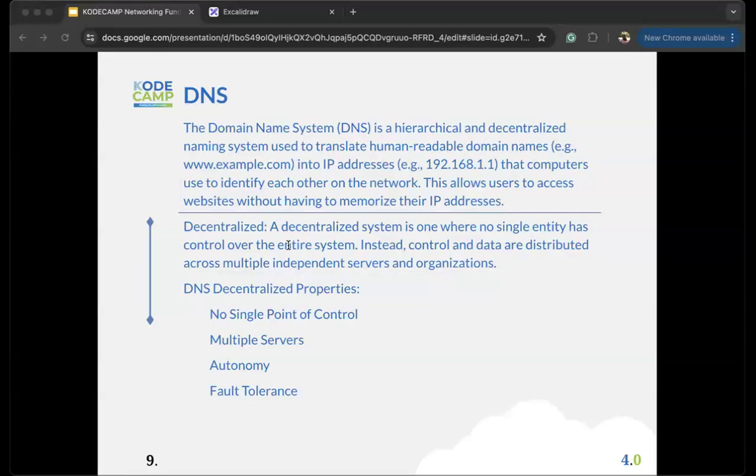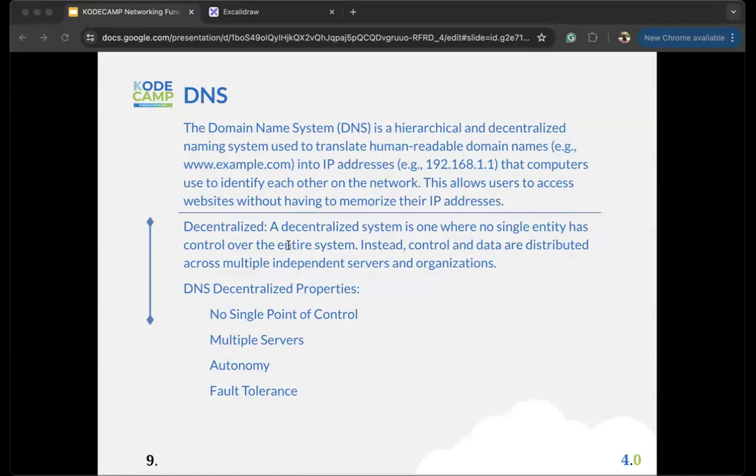Okay, so the domain name system, DNS, is a hierarchical and decentralized naming system used to translate human readable domain names. That is your www.google.com, www.KodeCamp.com, for instance, into IP addresses that computers use to identify each other, right, over a network.